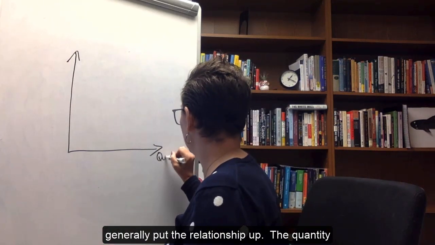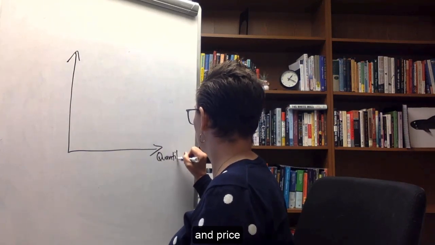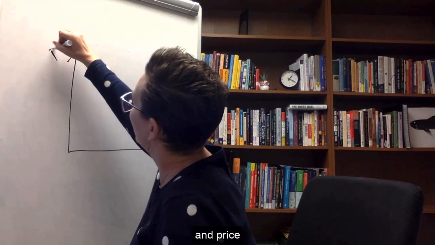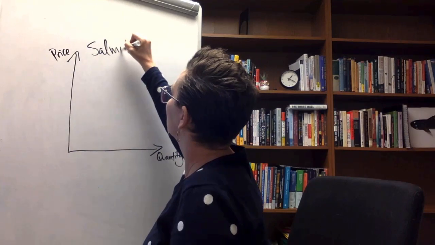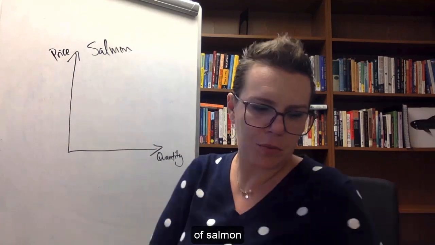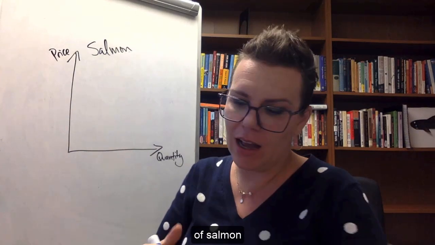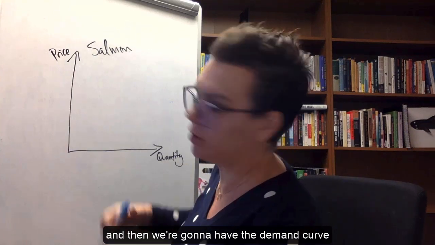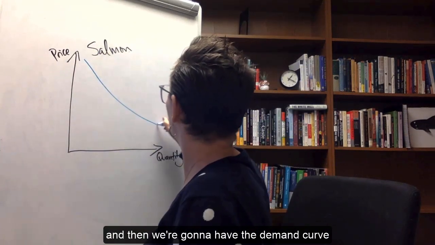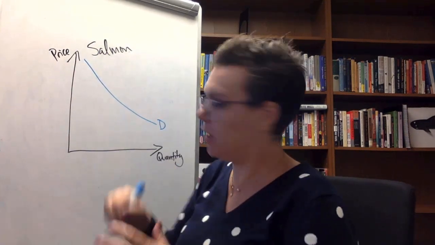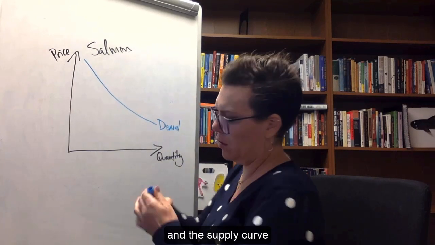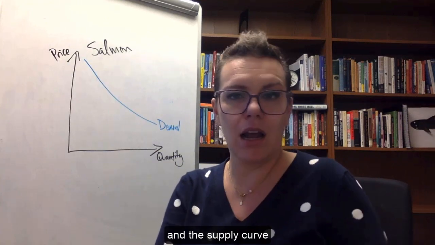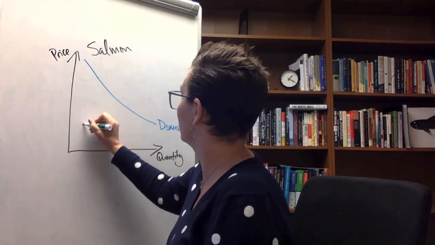So let's put quantity and price of salmon. And then we're going to have our demand curve. And our supply curve.